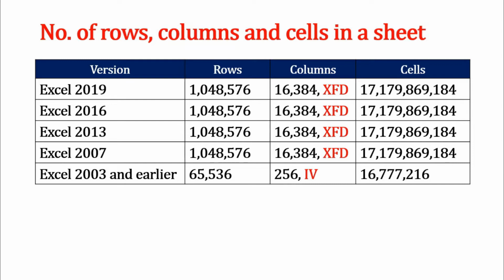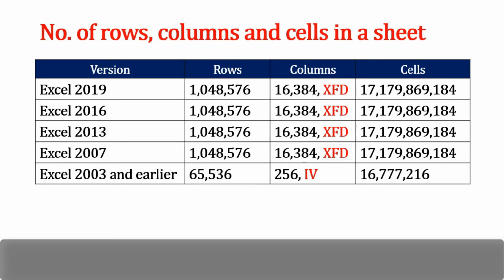In Excel 2003 and earlier versions, the number of rows is 65,536 and the number of columns is 256, and the last name of the column is IV, and the total number of cells is 16,777,216.